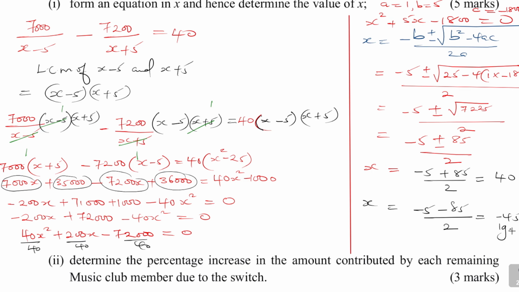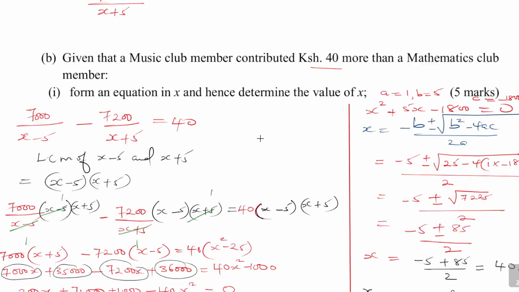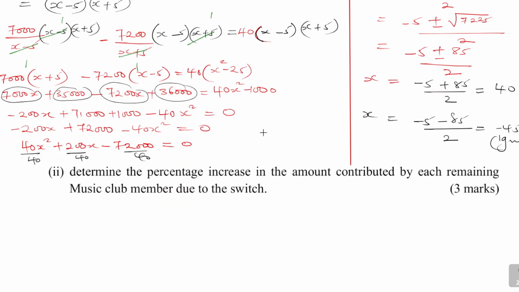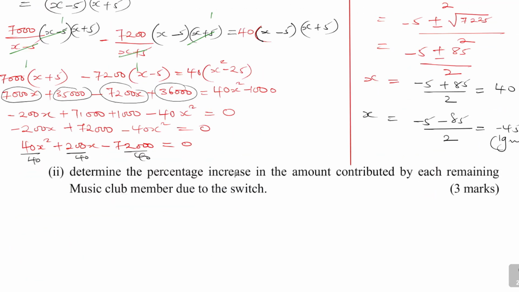So we shall ignore the second one, because here x represents the number of members, and therefore we are not going to consider negative 45. We shall consider only 40, because of course the members can't be negative. So x is 40. Those are 40 members.